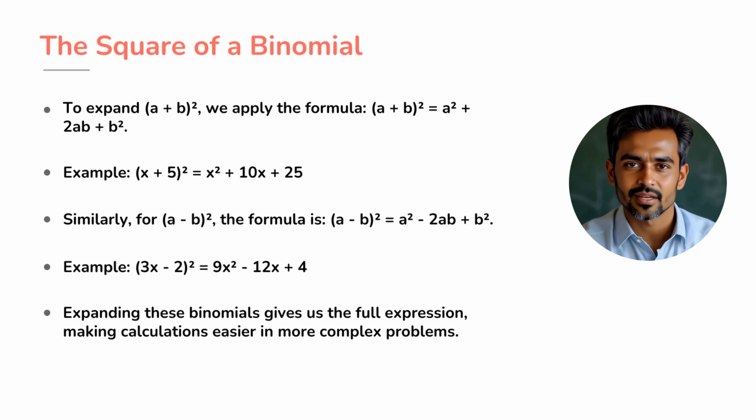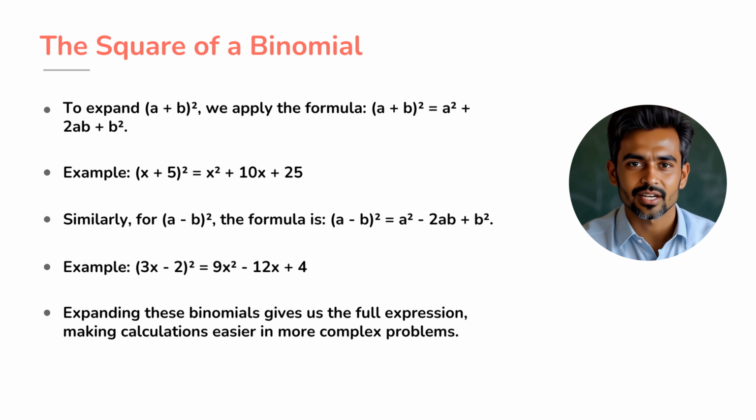For example, x plus 5 whole squared equals x squared plus 10x plus 25. Now, what happens when we subtract instead of add? For a minus b whole squared, the identity becomes a minus b whole squared equals a squared minus 2ab plus b squared.